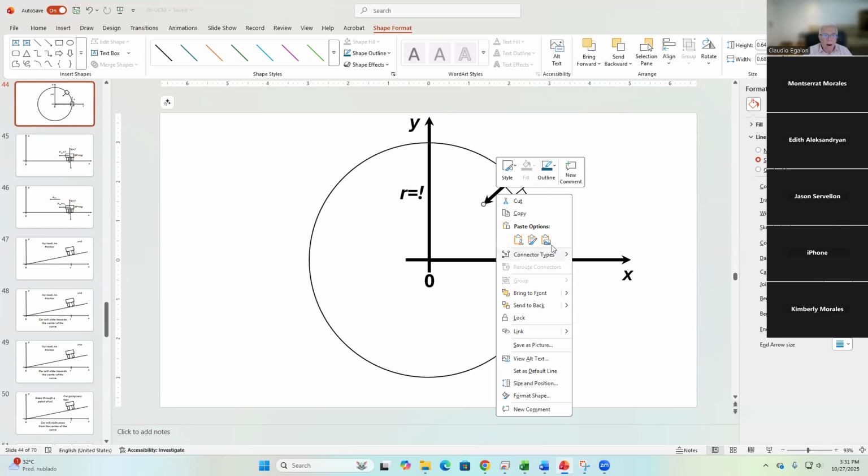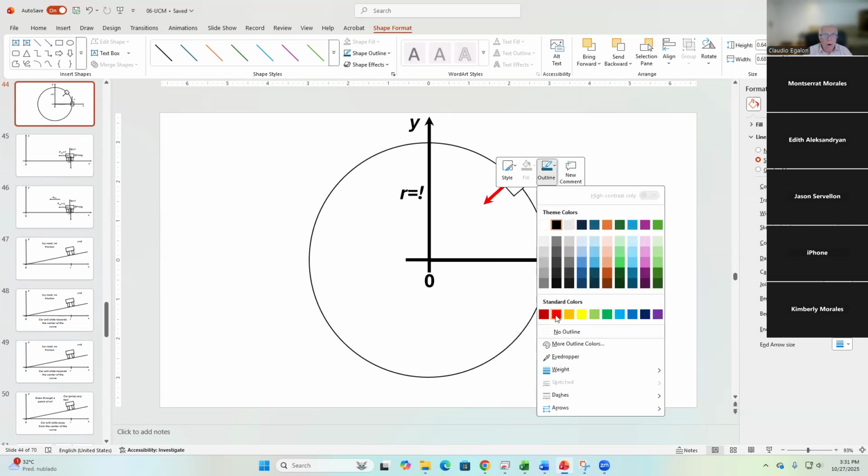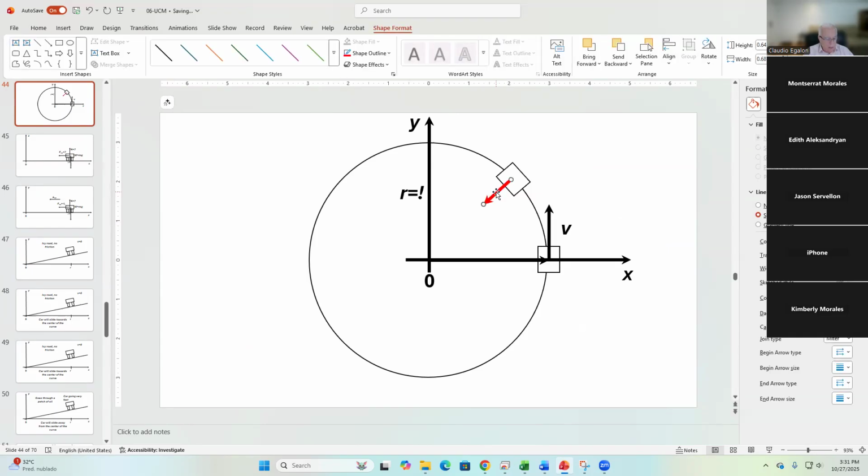I'm going to put it in a different color.